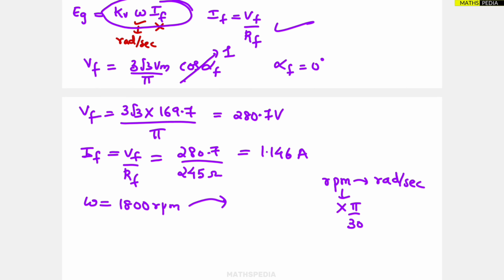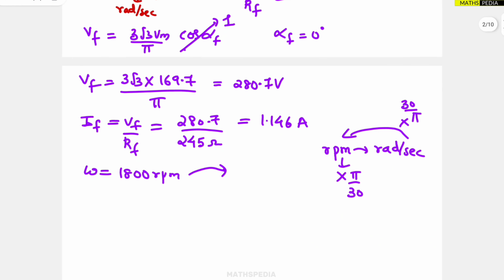If you want to convert radian per second to rpm, you multiply by the reciprocal, 30 by pi. So here I am going to multiply 1800 with pi by 30 in order to convert it into radian per second, which is equal to 188.5 radian per second. Done.